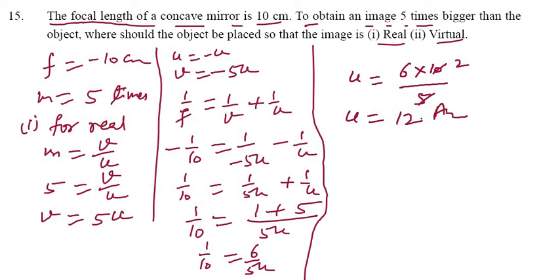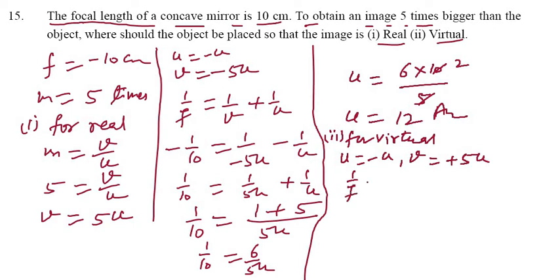Now come to the second, for virtual. Second, for virtual. For virtual, you can say u is equal to minus u and v is equal to plus 5u. So you can apply the formula 1 upon f is equal to 1 upon v plus 1 upon u.